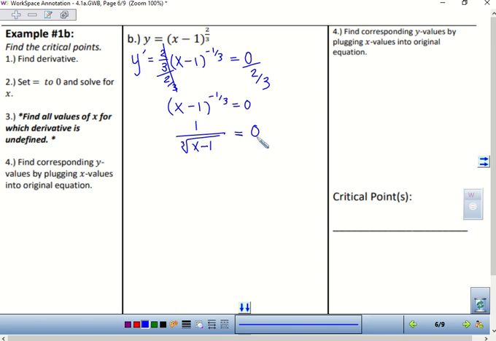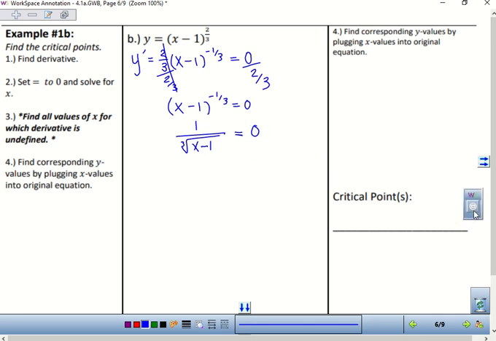Now let's think about this for a second, and this will help you through all of these problems. When a fraction is equal to 0, that means that the numerator is 0, right? It doesn't matter what the denominator is, except for if it was 0 over 0, which is undefined. But if you have 0 over 5, 0 over a million, those are all 0. So we don't really care about what this denominator is to make this 0. We need to make the numerator 0.